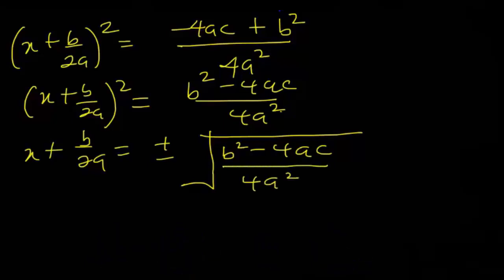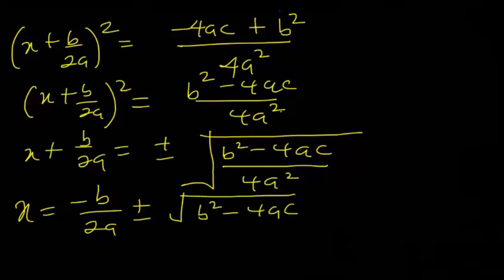What we are going to do now is, we now have x equal to, so your x now becomes what? Take this plus b over 2a to the other side, it becomes minus b over 2a plus or minus, now b squared minus 4ac, you leave them under the root. Then 4 has a square root, which is 2, and a squared has a square root, which is a.